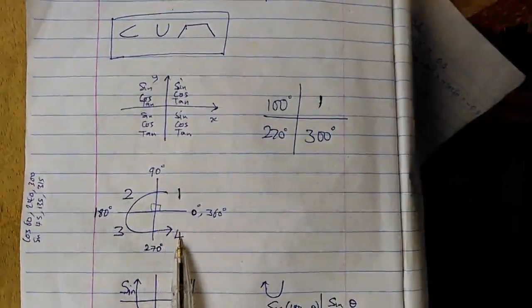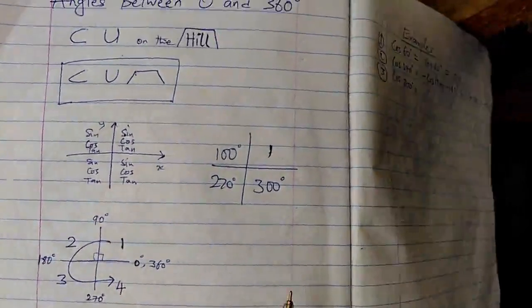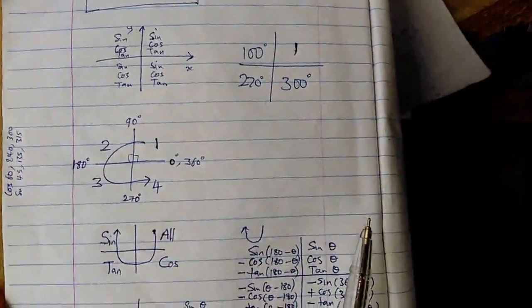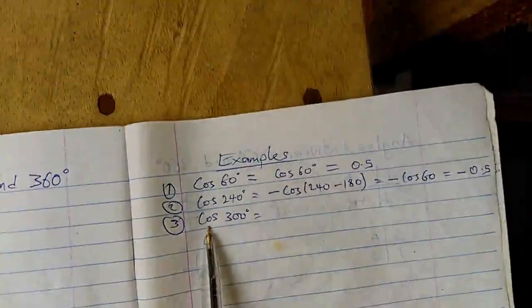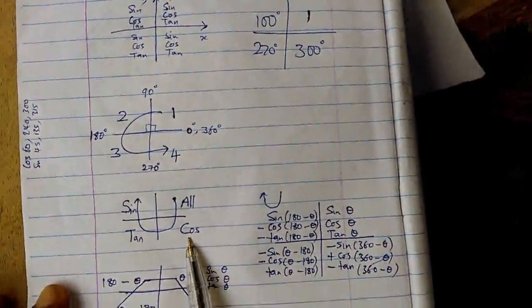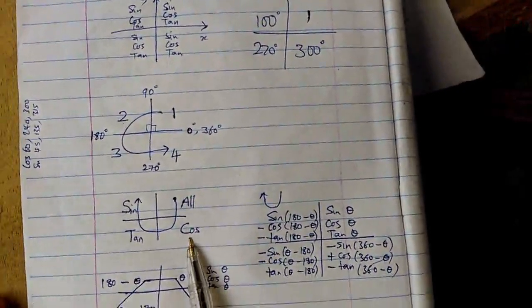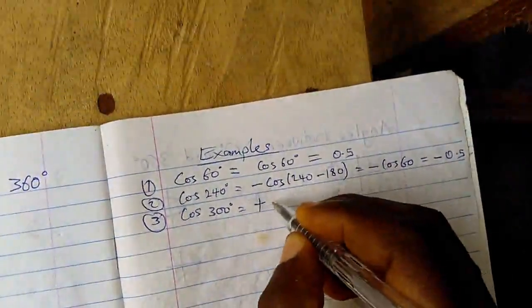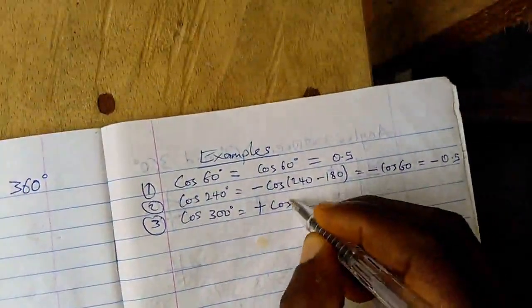It is in the fourth quadrant. All right. Now in the fourth quadrant, what sign do we give cos? In the fourth quadrant, cos is positive. So it will be positive. You can write the positive or you may not write it.